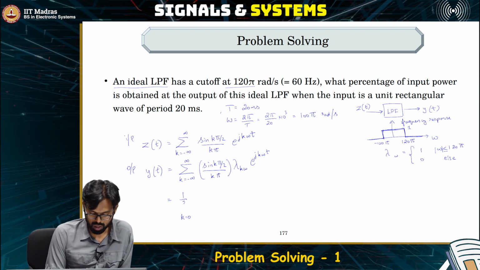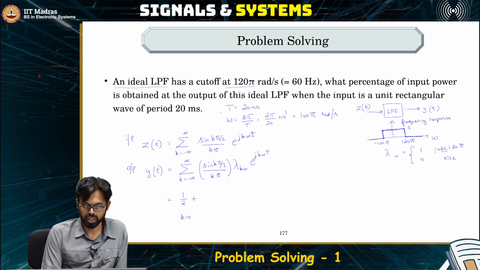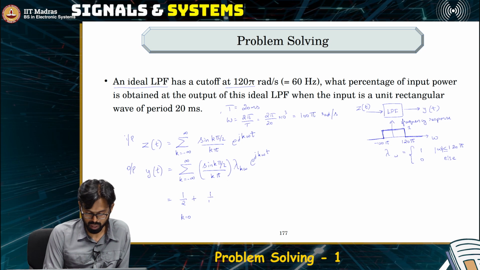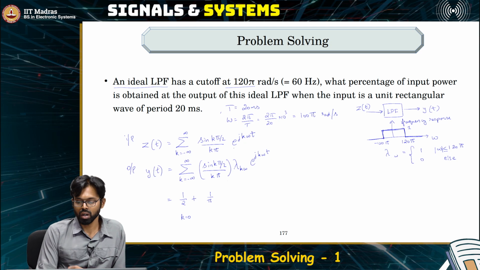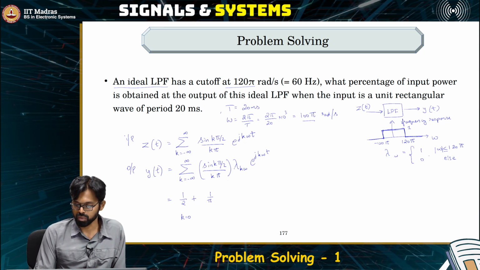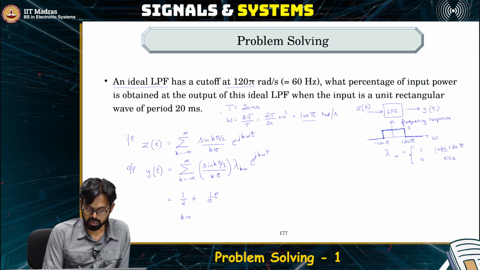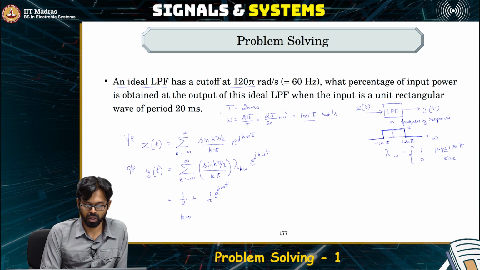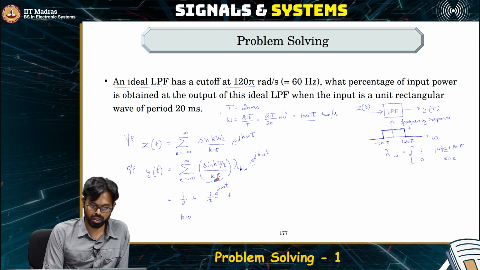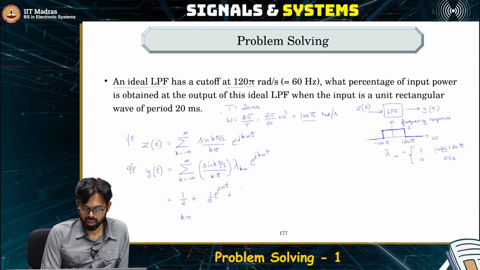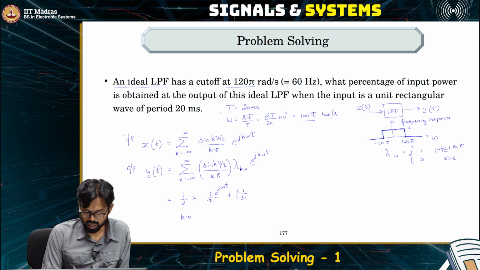So we have half plus, when k is equal to 1, this term is 1 by pi. This term is at omega equal to 100 pi, for which we still have 1, which means you have e power j omega t. For k equal to 2, this term is anyway 0. For k equal to 3, we have minus 1 by 3 pi.